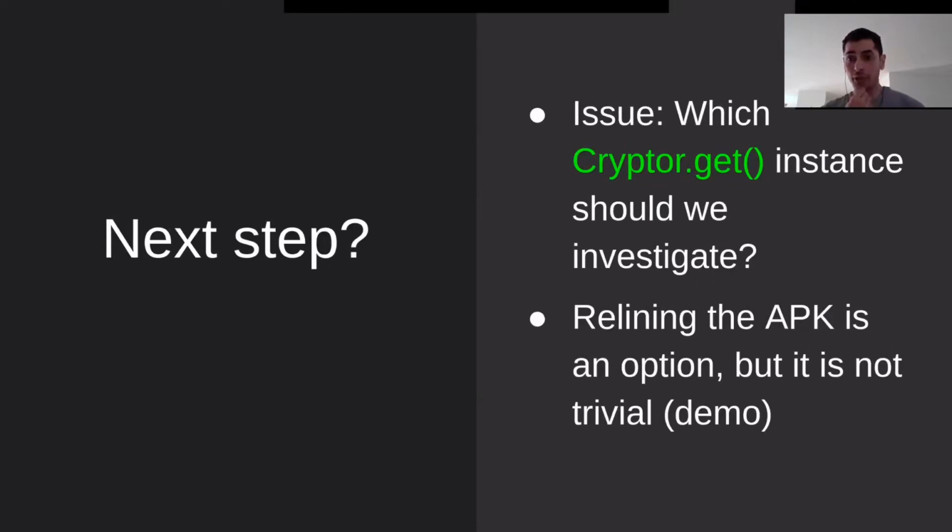So we've reached an interesting point. We have 10 instances of crypto.get that we really don't care about. And we only have 1 that we care about, 3 that we care about, actually. How do we move forward from here? One option that we can do is something called relining the APK. This is not a common technique. I actually didn't find any tools for it.